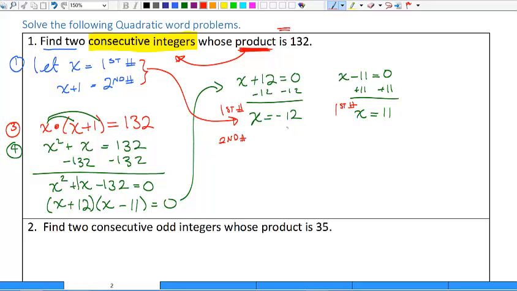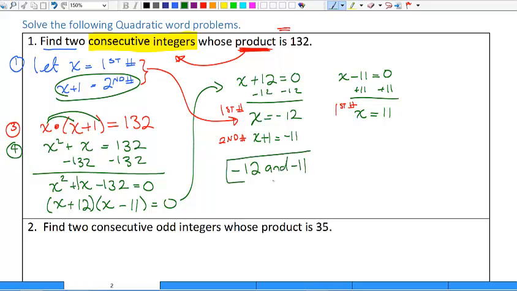If the first number is negative 12, I can put it into the second number's expression, which is x plus 1. Adding 1 gets me negative 11. So negative 12 and negative 11 seem like a pair. I haven't quite checked it yet. And on the other one, if x is positive 11, my first number, then my second number would be x plus 1, which is 12.